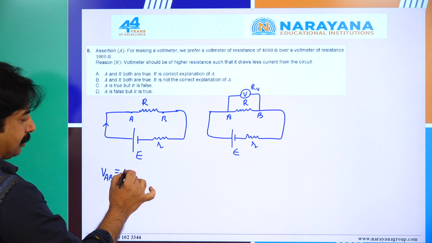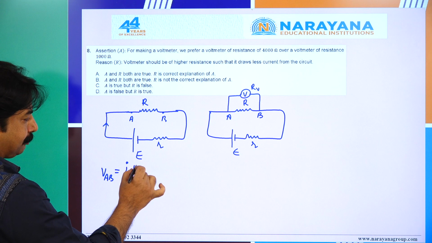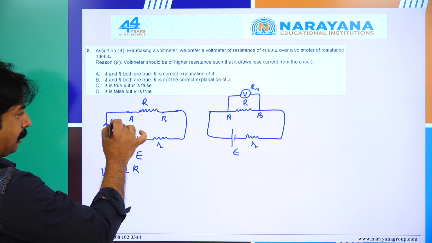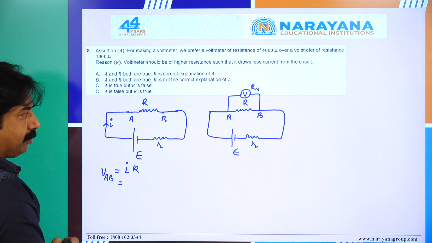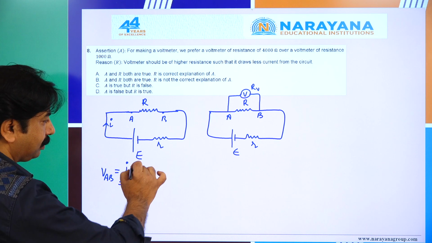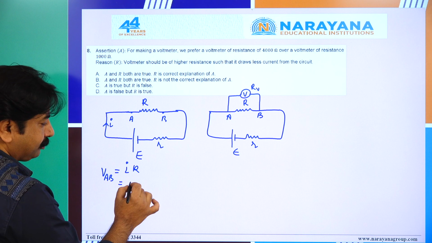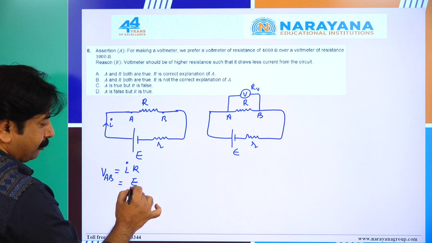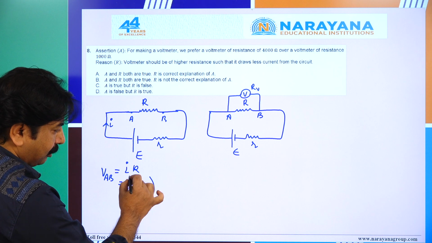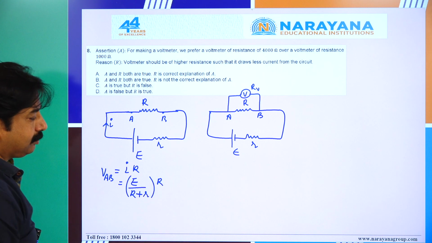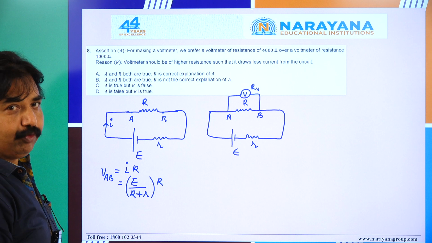Originally it is I into R. Here I is the current flowing through this one. But what is the I value? E by total R plus R, into R only. That is the current flowing in the circuit.